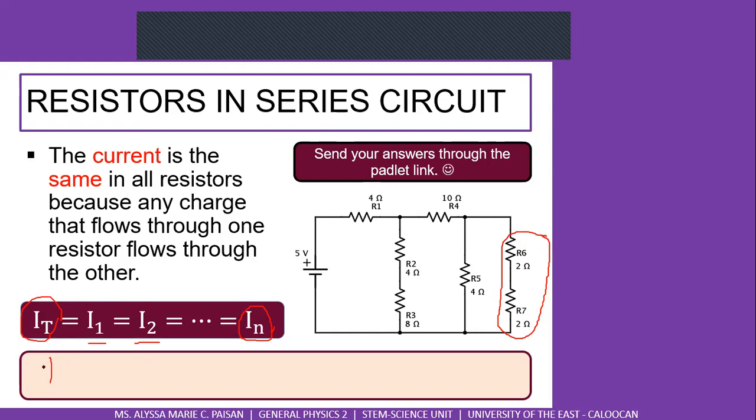If we want to know the total current through R6 and R7, just like what we did with capacitors, it would become I67. This is the total current passing through resistors 6 and 7. And it's going to be equal to the current passing through R6, that's I6, and it's also equal to the current passing through R7, which we call I7 because that is the current associated with R7. Okay? So it's that easy.